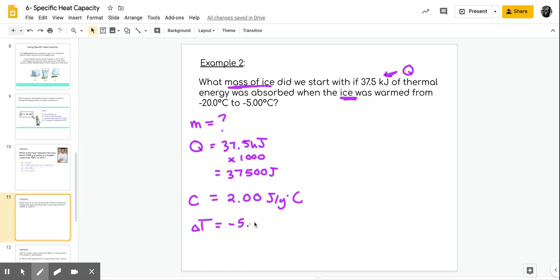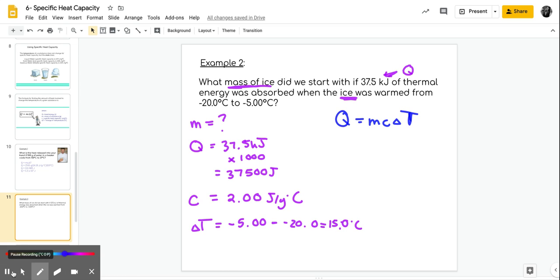So final minus initial, and I get 15 degrees Celsius. All right, so there are all my numbers to the left-hand side. So that means if I write my formula, I can now put my numbers in and solve for my unknown.